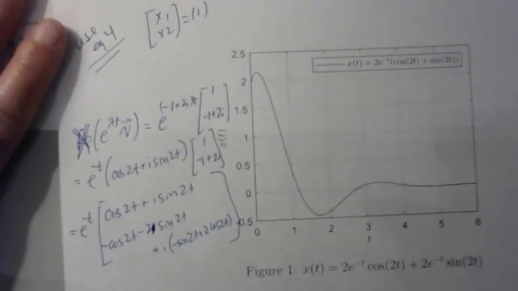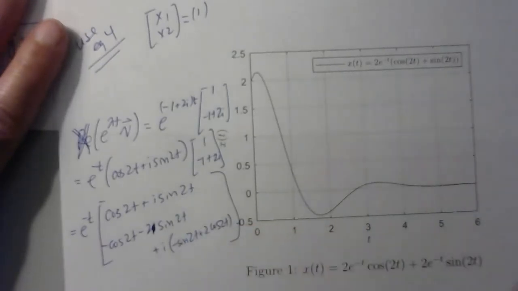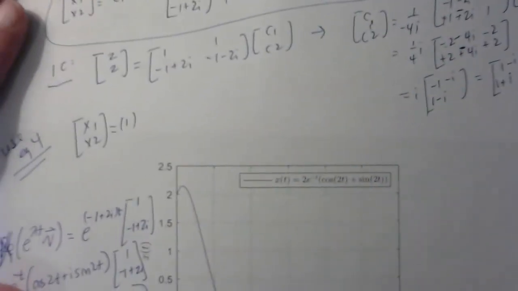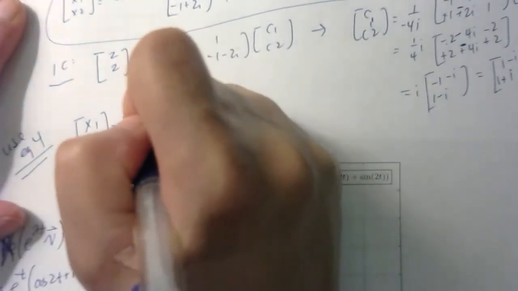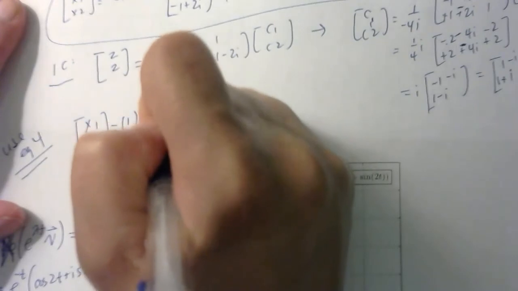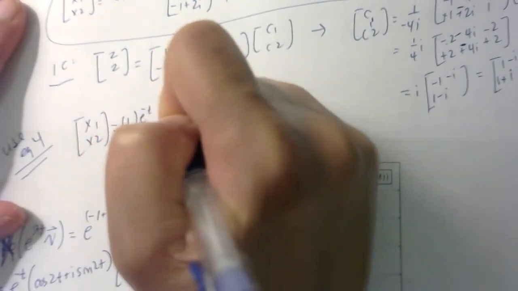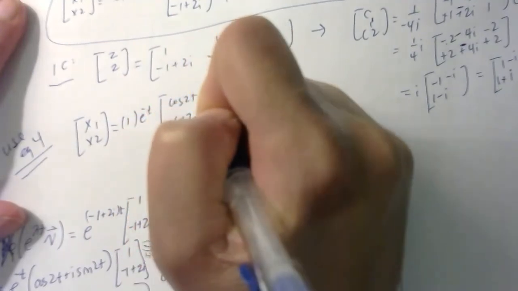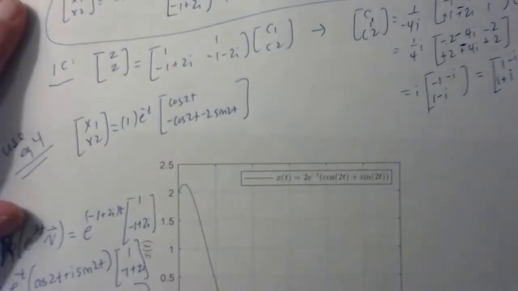I can see what the real parts are, this and these, and the imaginary parts here. So from equation 4, c1 plus c2 times the real part is 1, e to the minus t times cos 2t minus cos 2t minus 2 sine 2t, plus c1 minus c2.